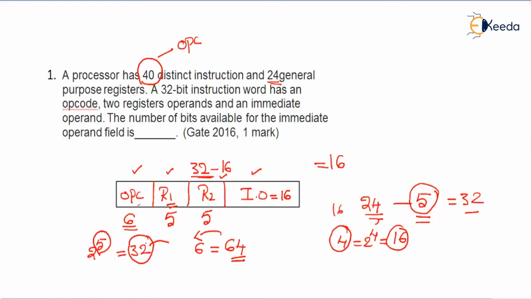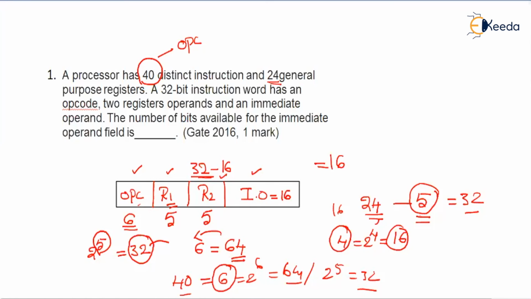If you want to represent 40, I require 6 bits, because 2 power 6 is equal to 64, but 2 power 5 is just 32. This 40 is in between 32 and 64, so I require 6 bits.